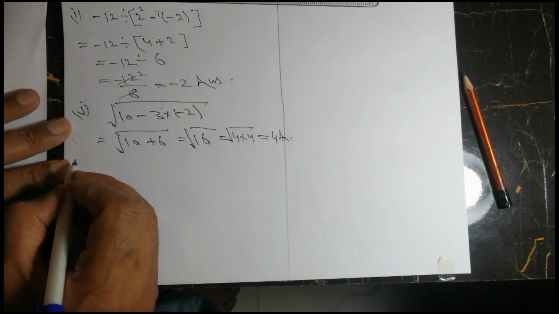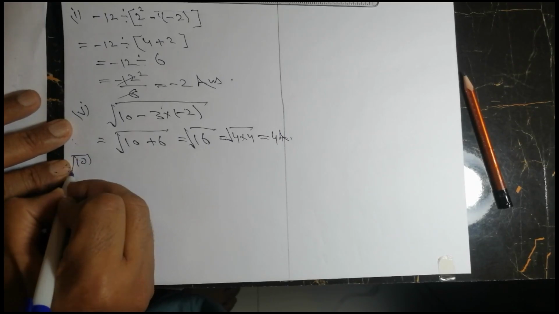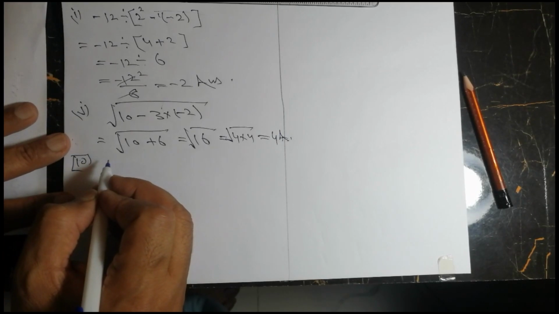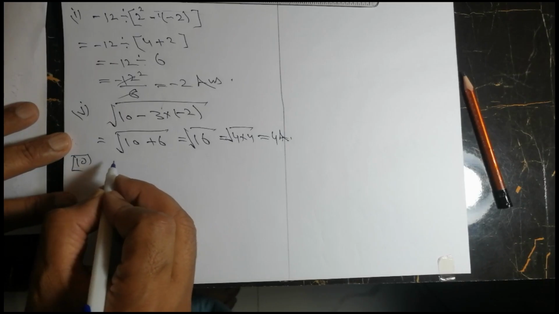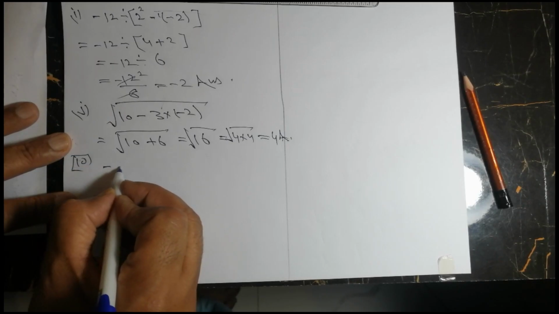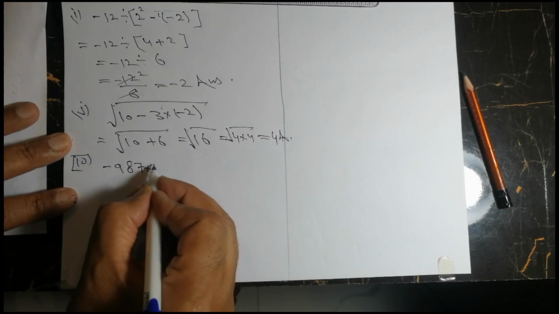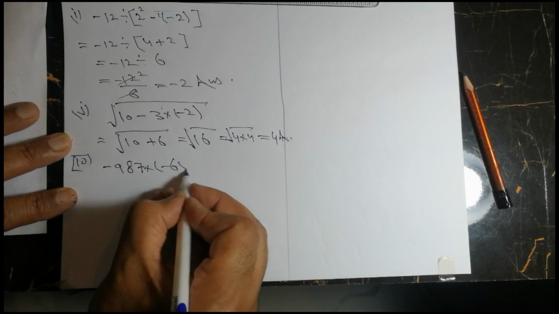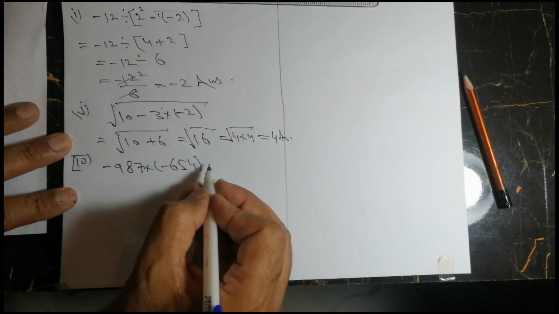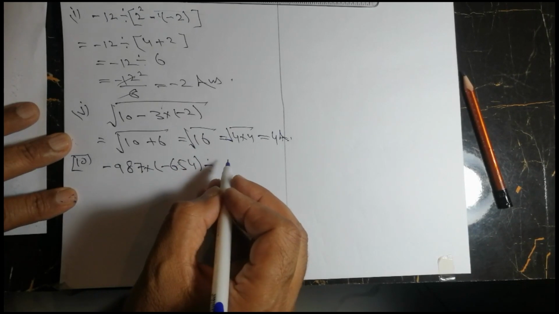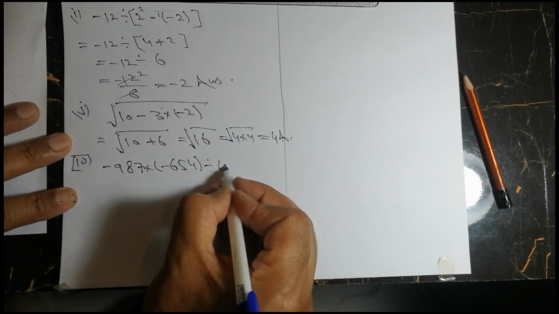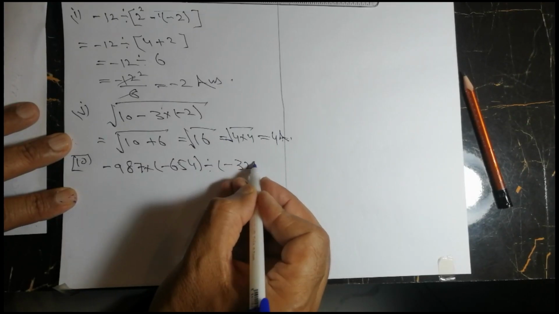Question number 10. Without calculating the value of minus 987 multiplied by minus 654 divided by minus 321.